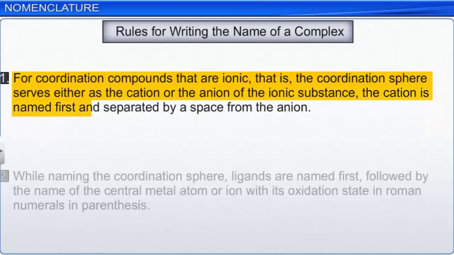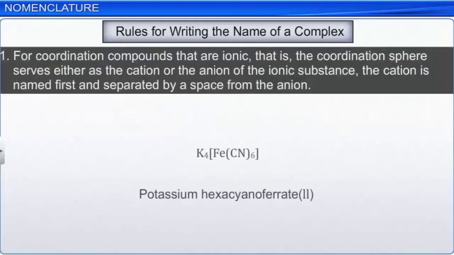For example, in the complex K4[Fe(CN)6], where the coordination sphere is an anion, the cation potassium is named first and separated by a space from the name of the anion.